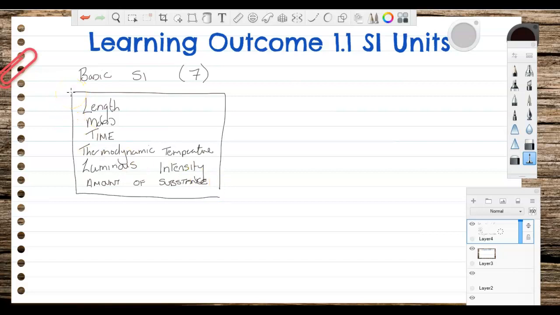Now don't worry too much about writing these down. You have a chart that's inside your study pack. So those are the 7.